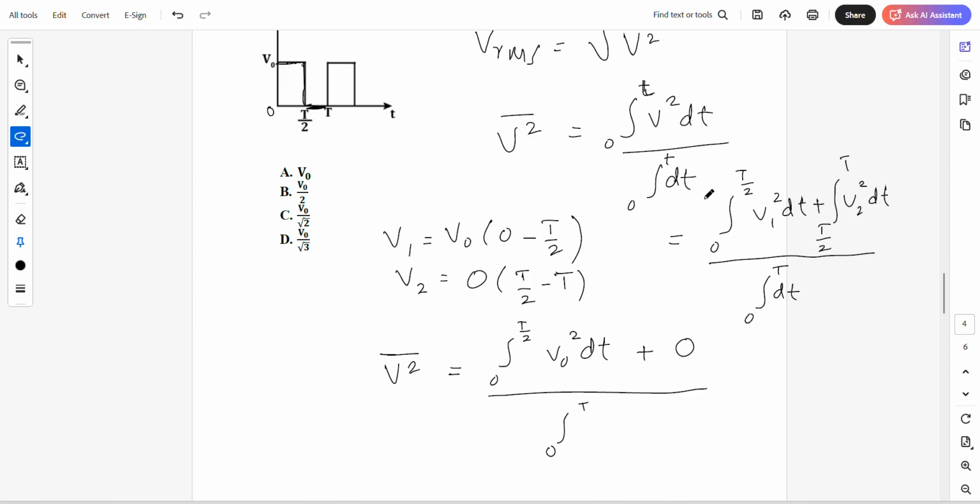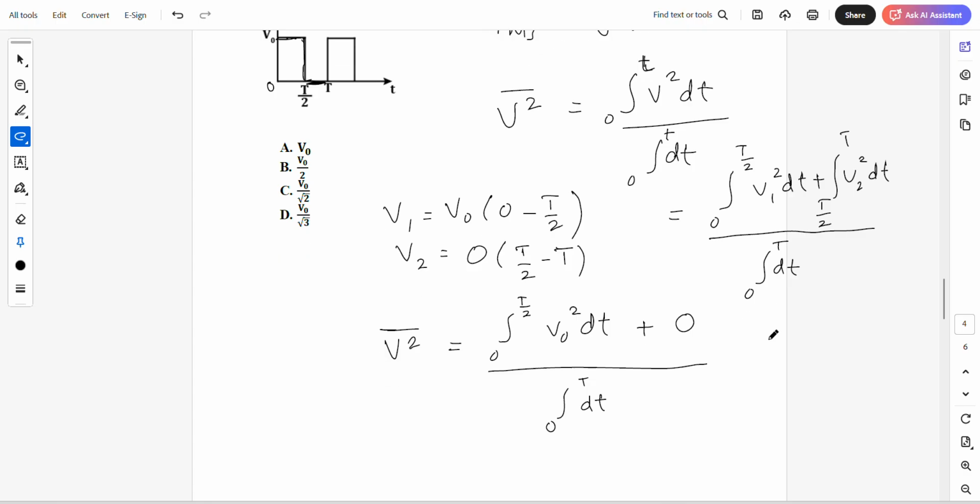Now v2 is 0, and in the denominator we take the total time, that is the integral from 0 to T.